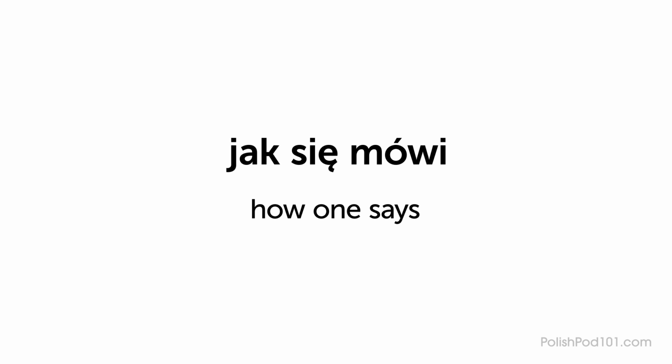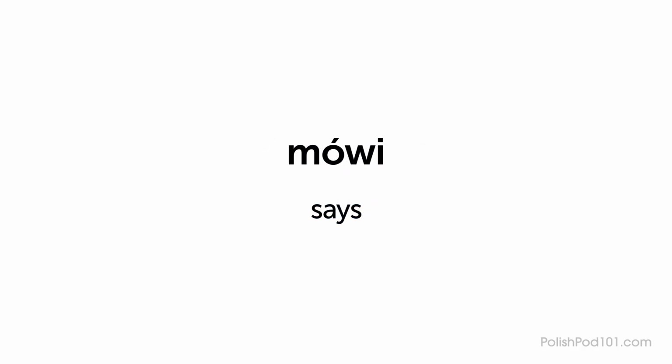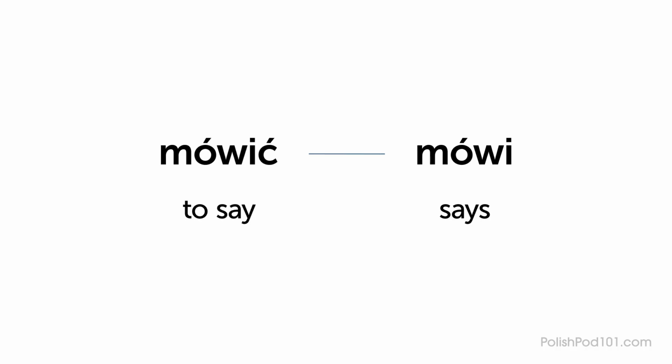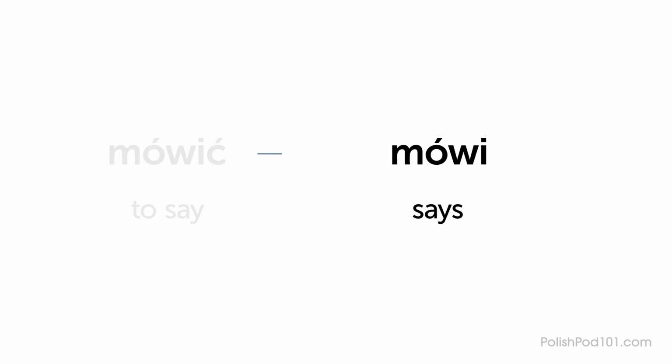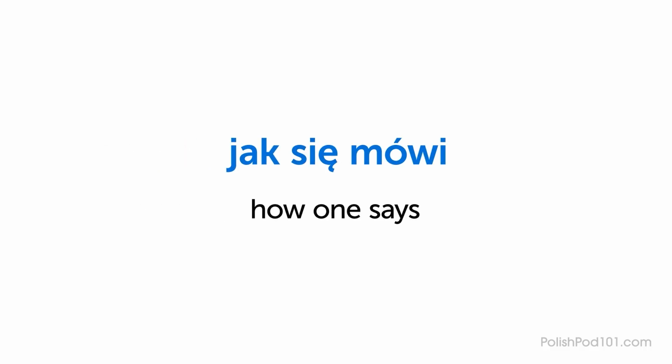Next is the word Mówi, says, as in one says. Mówi is from the verb Mówić, meaning to say. Together, Jak się mówi? literally means how one says, but translates as how does one say?